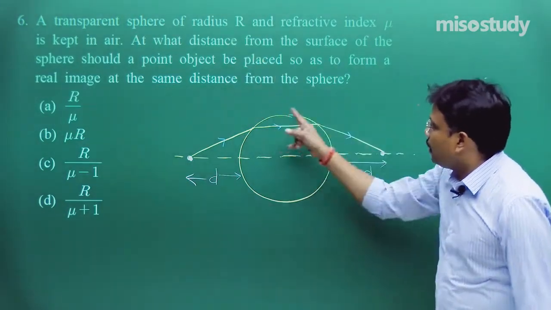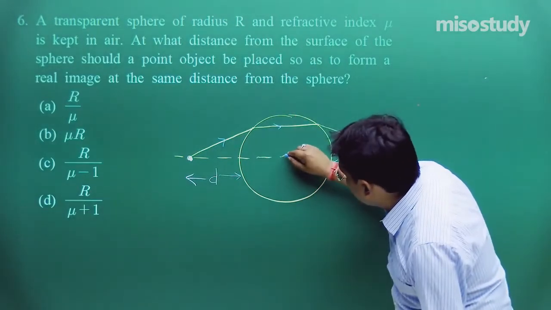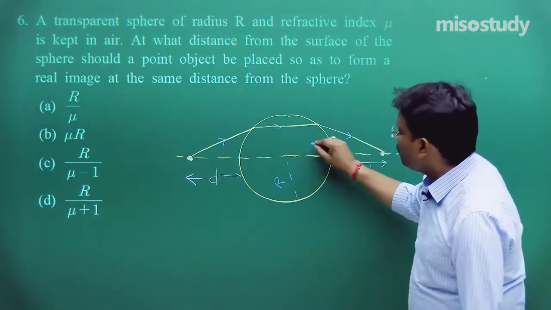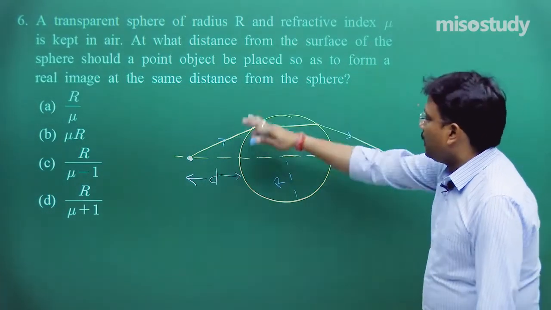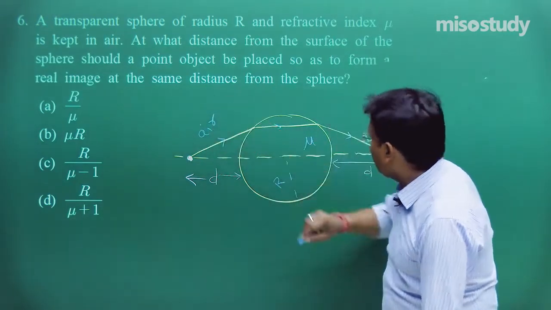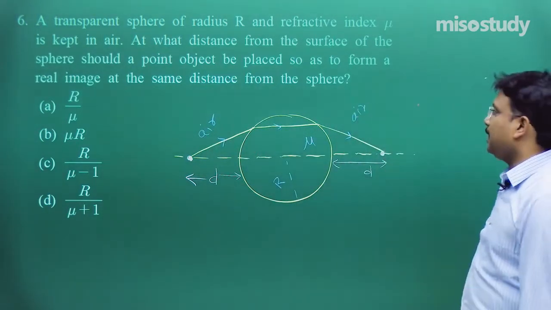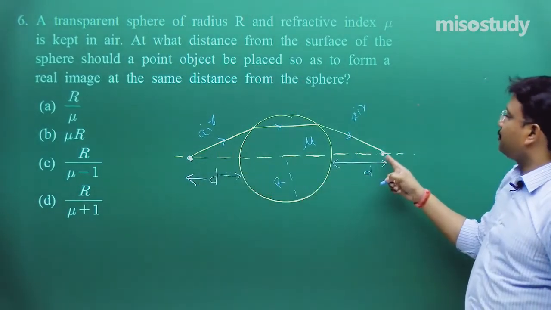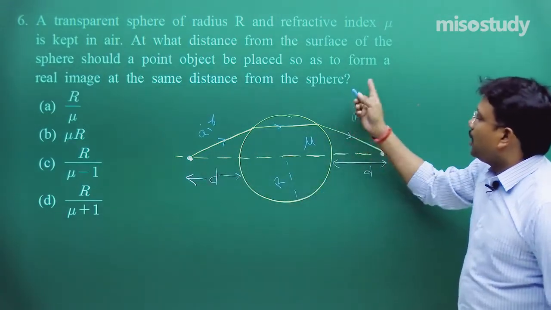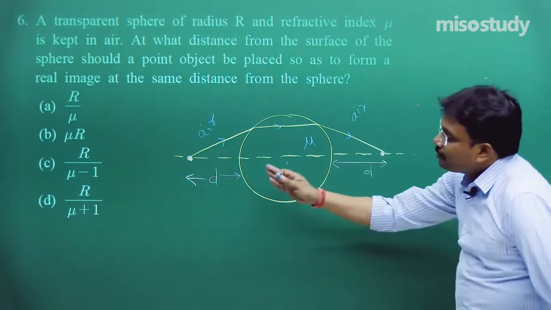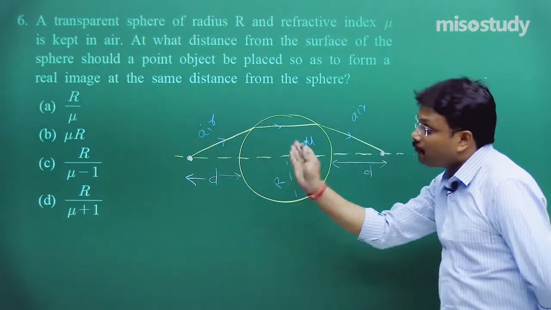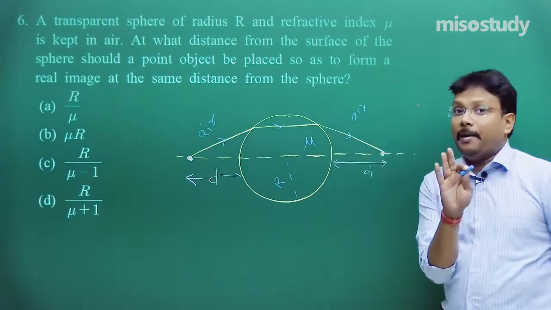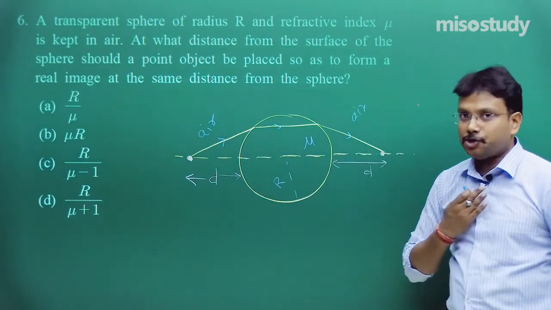Transparent sphere of radius capital R and refractive index mu, kept in air. So this side air, this side air. This is the point object and this is the image, at equal distance. Now we have to find this value d in terms of R and mu, because only two parameters are given to us. d is something which we assumed from our side.